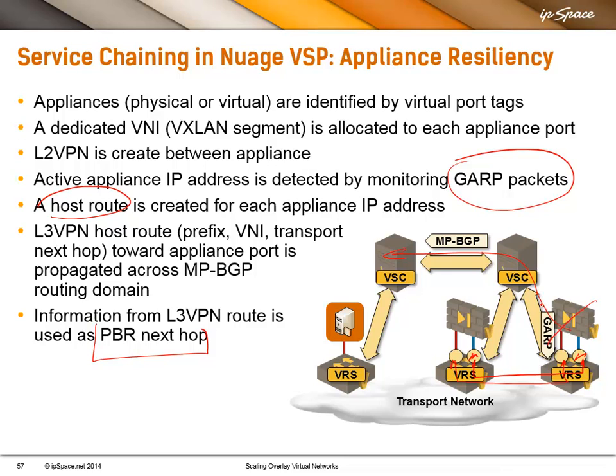When this appliance goes down and the other appliance sends a gratuitous ARP, the host route information is changed and propagated through BGP across the different availability zones, and all the entries in the affected VRSs are corrected to the new next hop so that this VM continues sending the packet through the now active appliance.